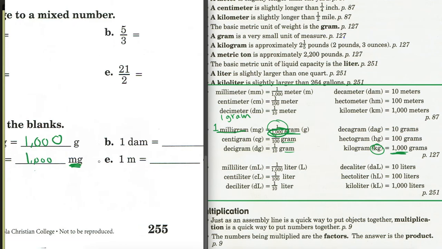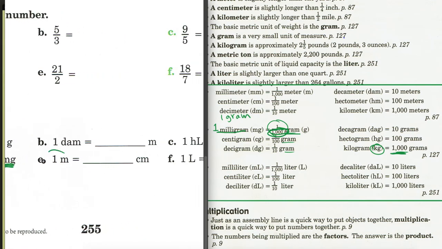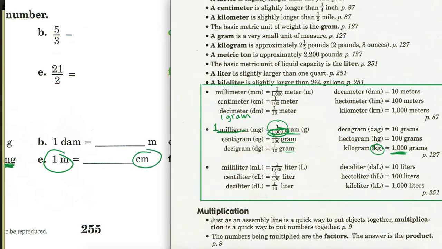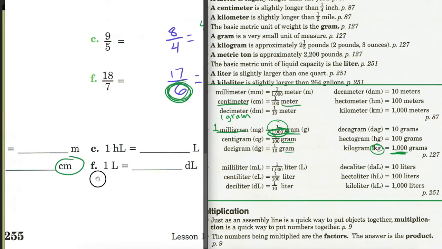I know it's kind of confusing, but E is also another example. It goes from 1 meter to centimeters. Here we have centimeters to meters. So I can't write that 1 meter equals 1/100th meter. So what is it equal to? Yeah, same thing for F.